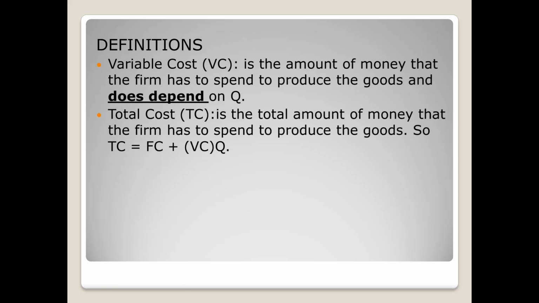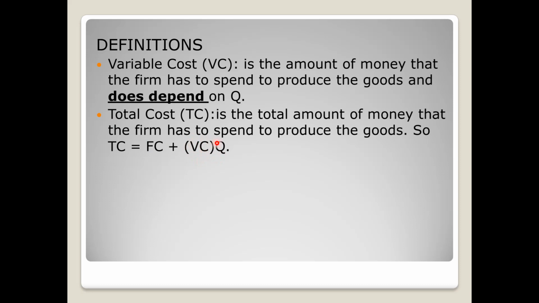So the total cost here will be the addition of these two costs. The total cost, which is the total amount of money that the firm has to spend to produce the goods, is given by this equation: TC equals FC plus VC multiplied by Q. This is the fixed cost, FC, and this is the variable cost multiplied by Q, because it depends on Q. We have to multiply the variable cost, because this is given as an amount of money per good, for each unit.